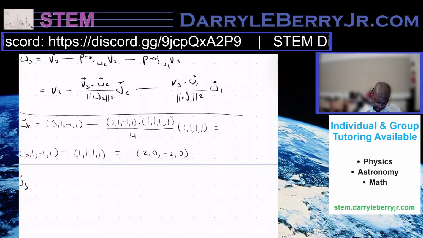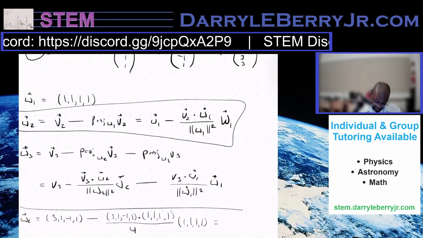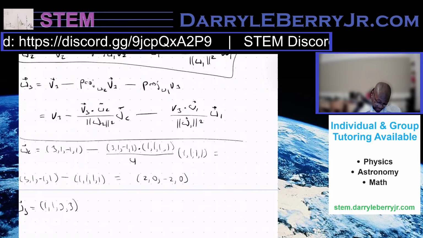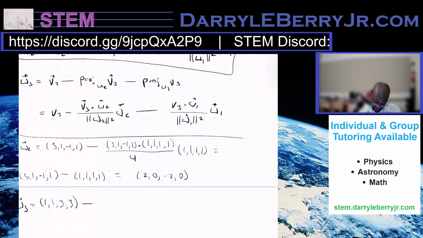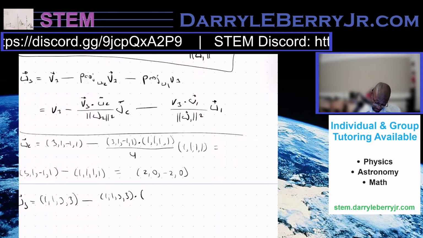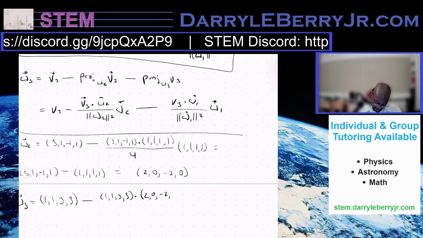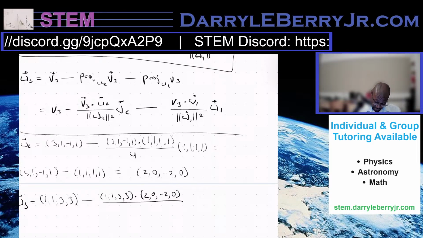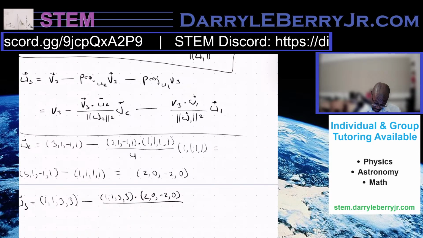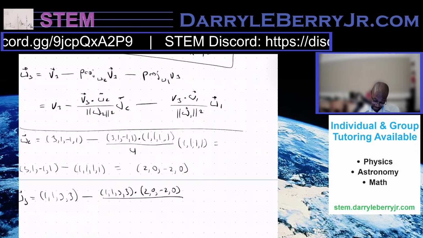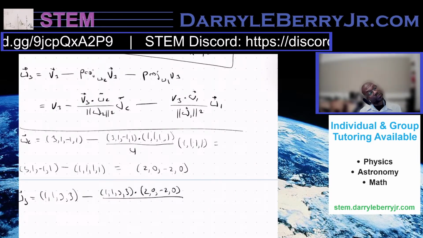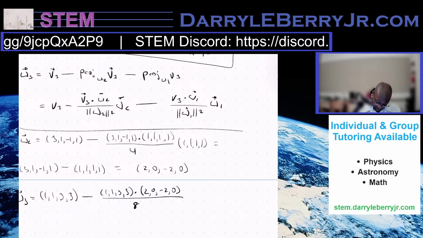So W3 is going to equal, now we're doing V3, 1, 1, 3, 3, minus 1, 1, 3, 3, dot 2, 0, negative 2, 0, over, that's the square root of 2, that's 2 squared plus 2 squared, 4 plus 4 is 8, so that's going to be 8.